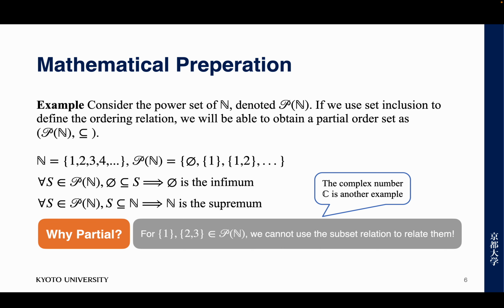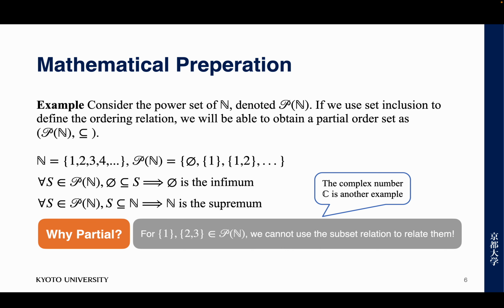The infimum of this partially ordered set is the empty set because the empty set is a subset of any other set, including itself. Similarly, the supremum is the natural number set according to the definition of the power set operation.